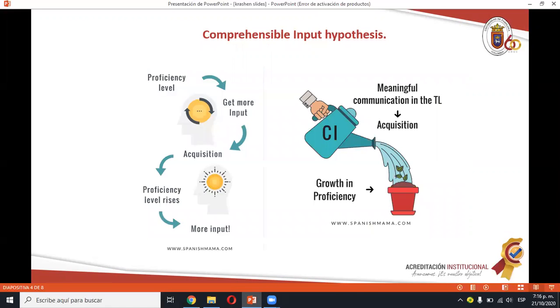Now we have comprehensible input. Comprehensible input attempts to explain how the learner acquires a second language. It is more concerned with acquiring but not learning, due to the fact that the learner connects prior knowledge about some specific topic, and then he applies the knowledge when he or she is exposed to a daily life situation.